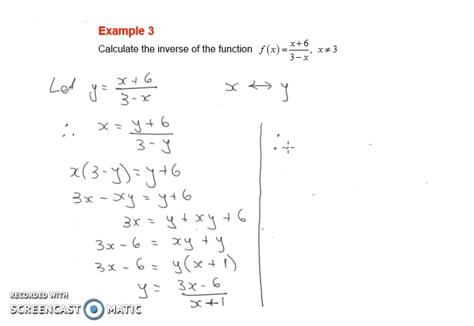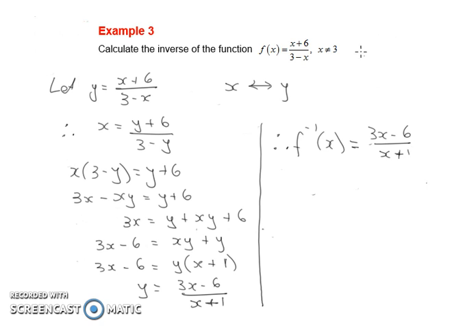So that means we can write f negative 1, our inverse function, is equal to 3x minus 6 over x plus 1. Now we're not asked to find the domain and range, but to fully define our inverse we need to write what our domain is.